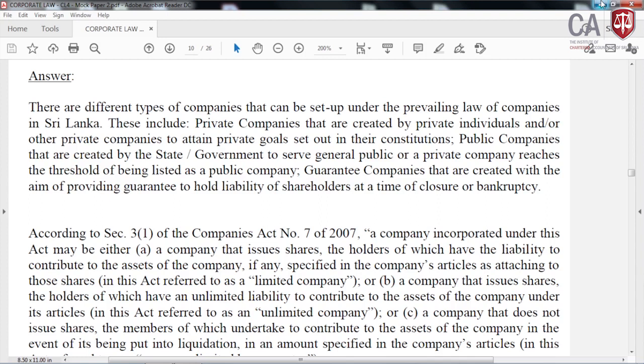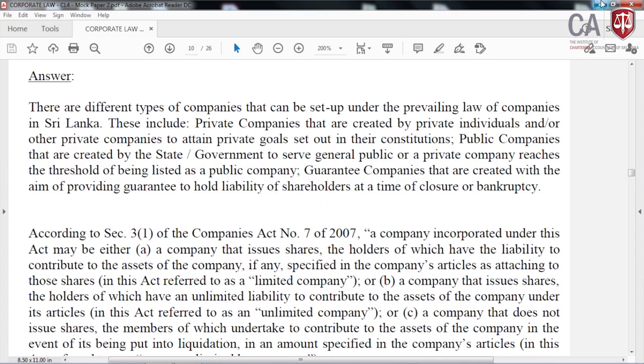And public companies, on the other hand, are created by the state or the government to serve the general public, or a private company reaches the threshold of being listed as a public company.